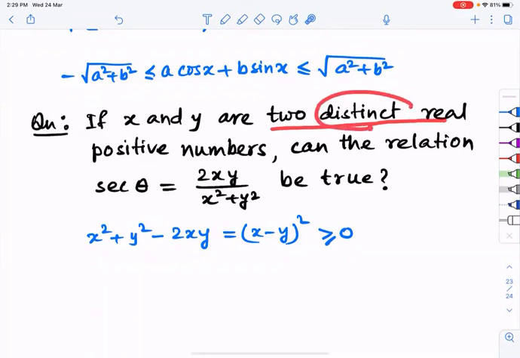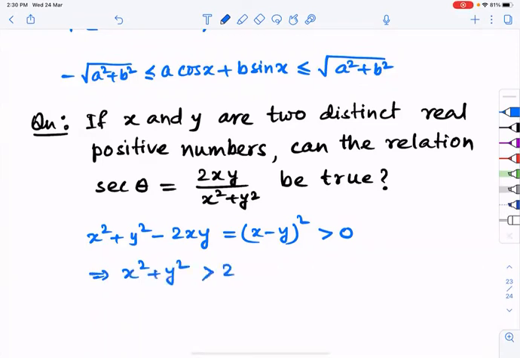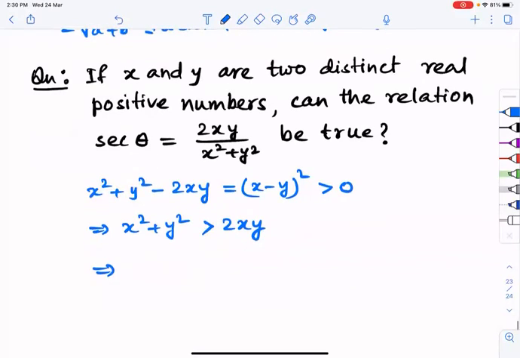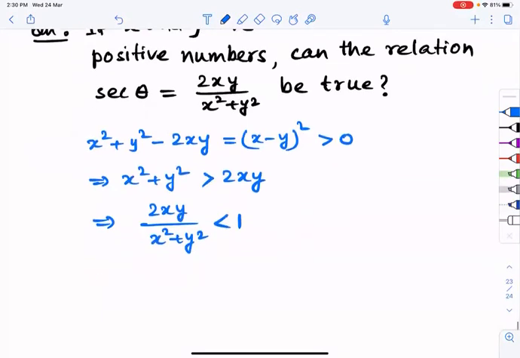Distinct means unequal, therefore just greater than 0 is enough here. So that will imply x square plus y square is greater than 2xy. And that is going to imply 2xy divided by x square plus y square is less than 1, which is going to imply sec theta is less than 1.